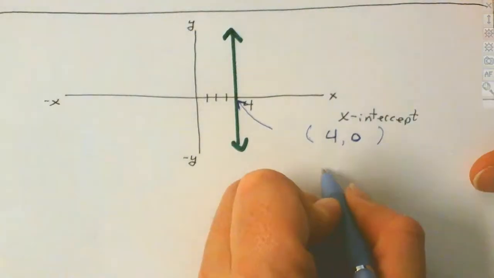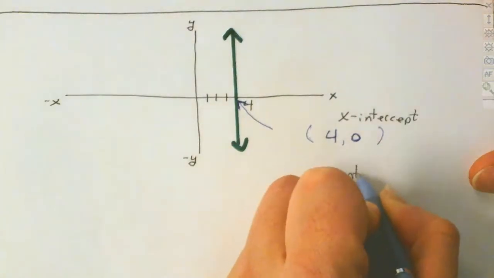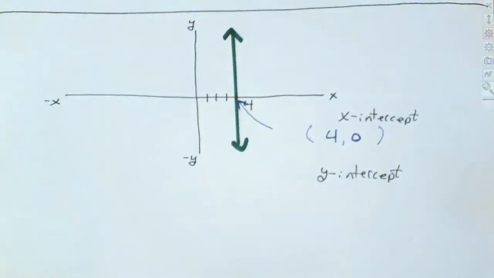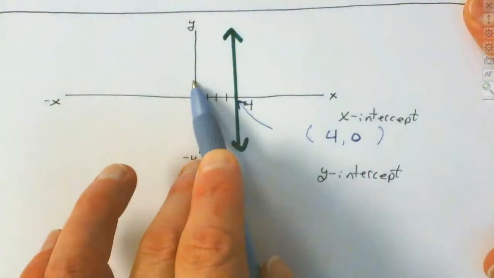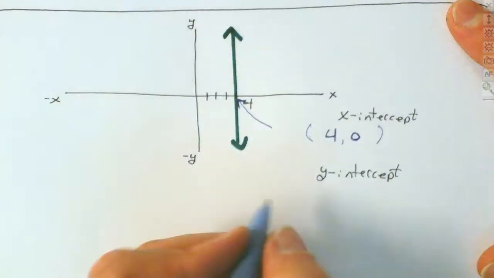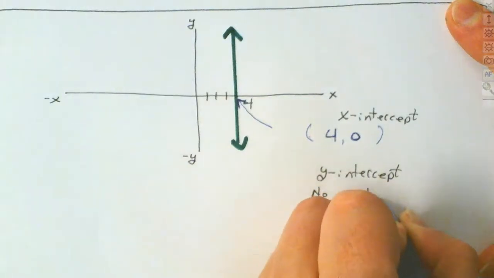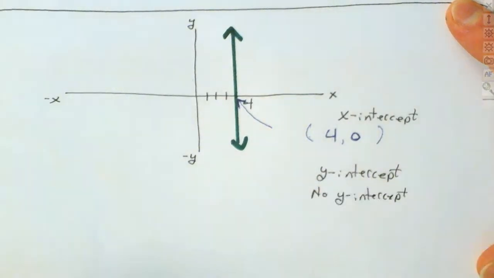Now, what about the y-intercept? This line is a vertical line, and does it ever cross the y-axis over here? So it has no y-intercept. And why does it have no y-intercept?